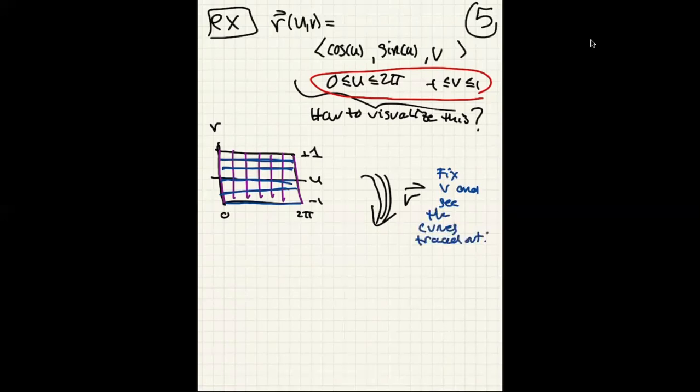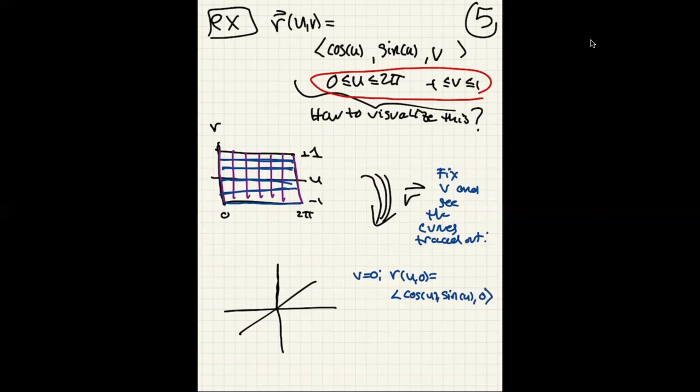So fix V and see the curves traced out. For the first example, I'm going to draw 3D space and the curve we get. It's a one-dimensional object that we get from V equals 0. We're looking at R of u comma 0, and this is just cosine of u, sine of u, comma 0.